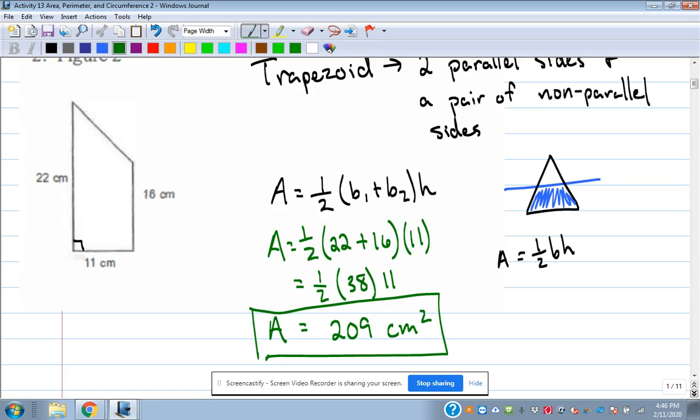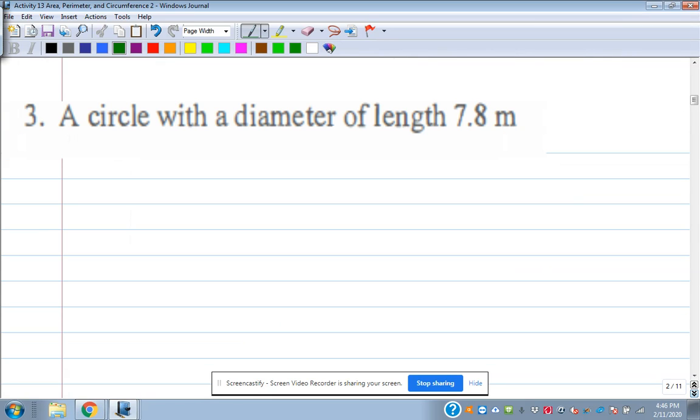Okay, so number 3, they didn't draw us a picture, but it said a circle with a diameter length of 7.8 meters. There's a reason they didn't draw a picture. 7.8 meters is how far? It's pretty good ways, right? A meter is a little over 3 feet, about 3.2 feet.